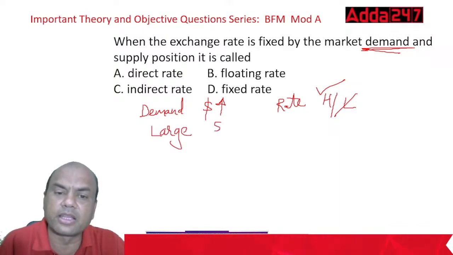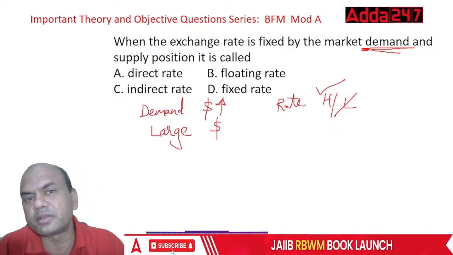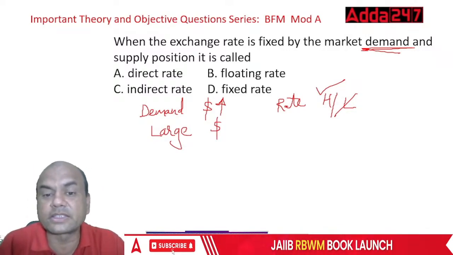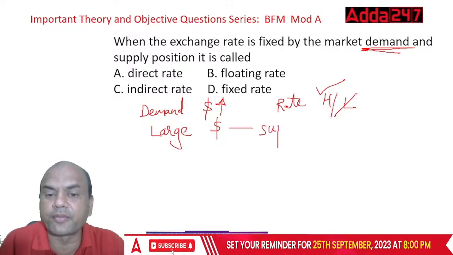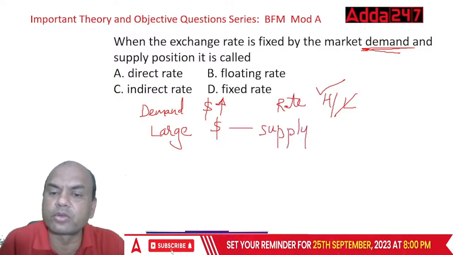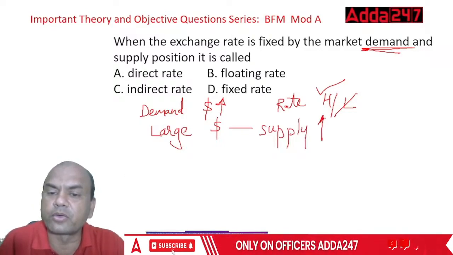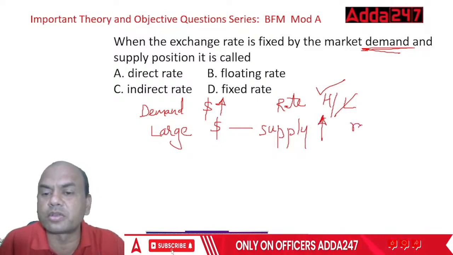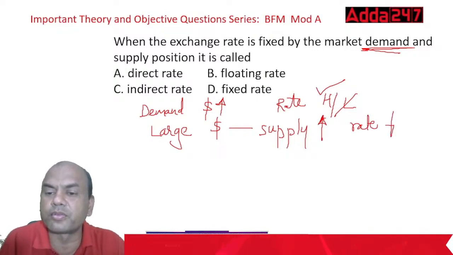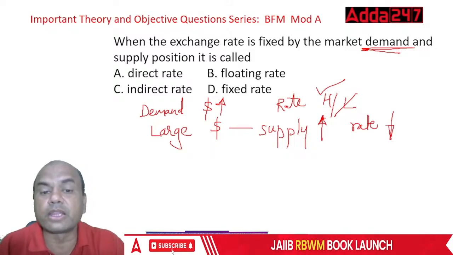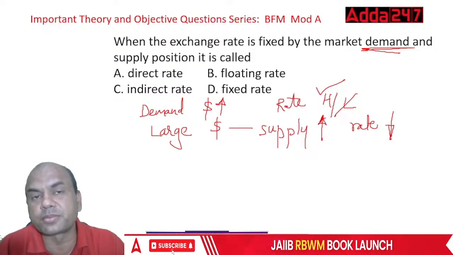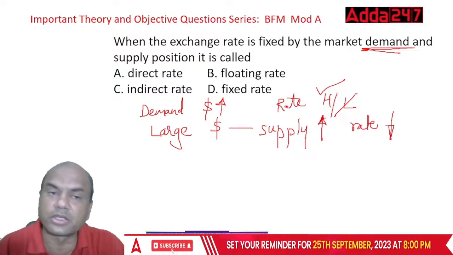Then the supply will increase. If supply goes up, the rate goes down. So when large dollars come in, the supply of dollar goes up, and the rate goes down.